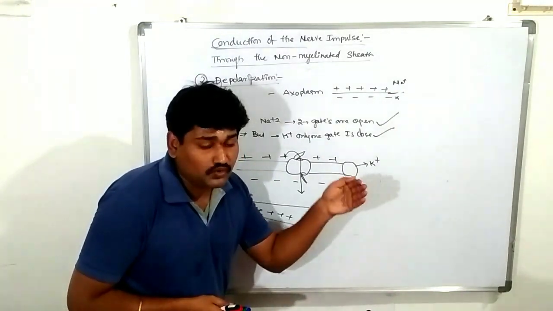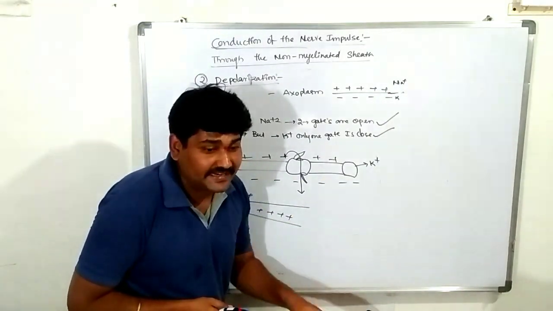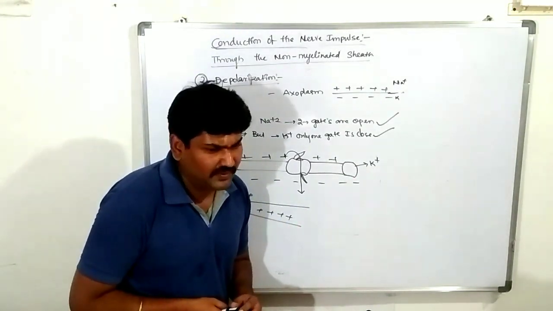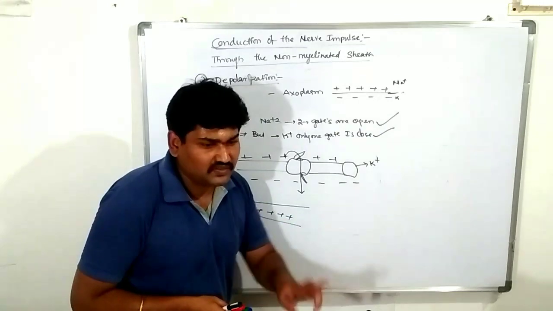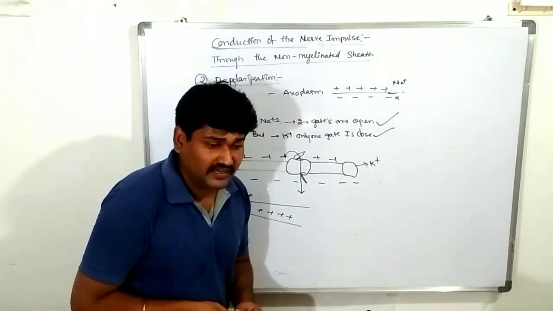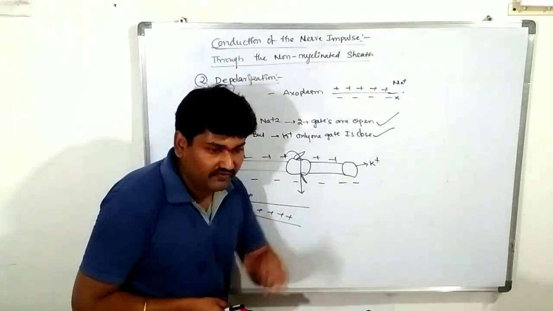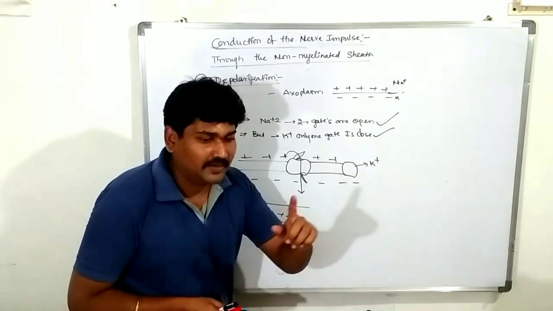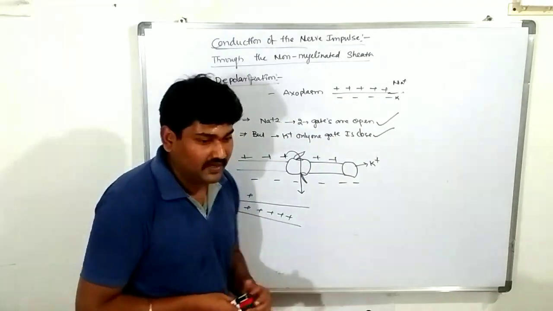As more sodium enters the axoplasm region, the inner surface becomes positive. When the inner surface becomes positive, the potassium gate becomes open.